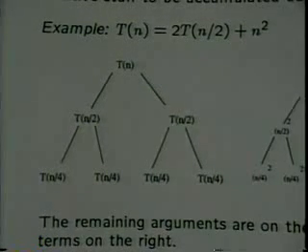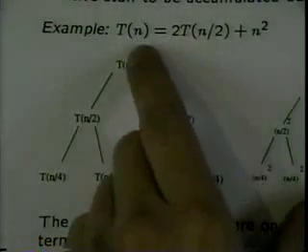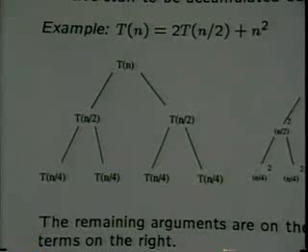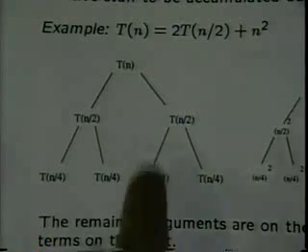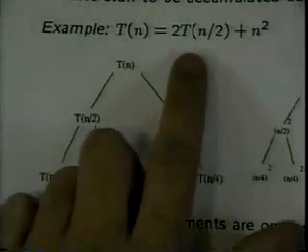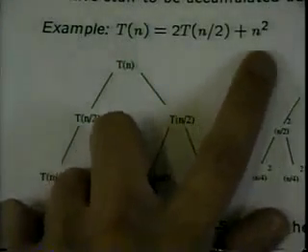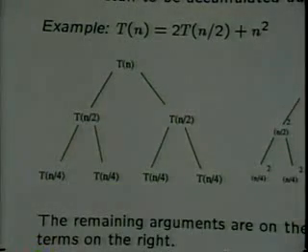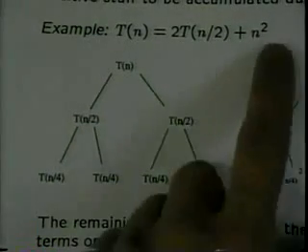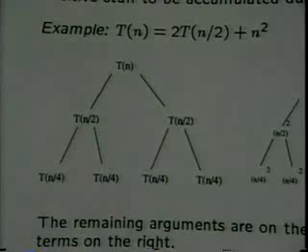Every time we substitute this thing in, the price for doing this substitution is n squared, where n is the value of the argument. If we think of this as a recursive algorithm, we solve a problem of size n by reducing it to solving two problems of half that size, plus doing this n squared amount of work to patch it up. This is the price we pay for evaluating this recurrence once.